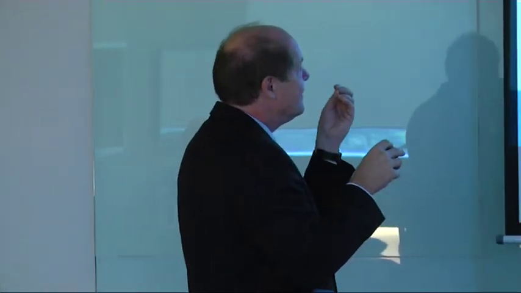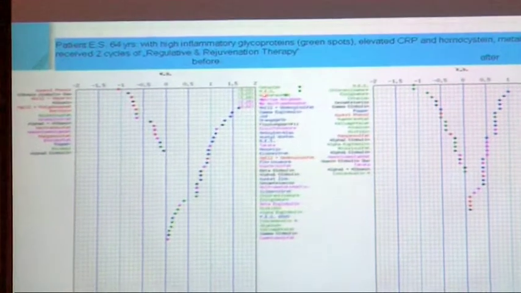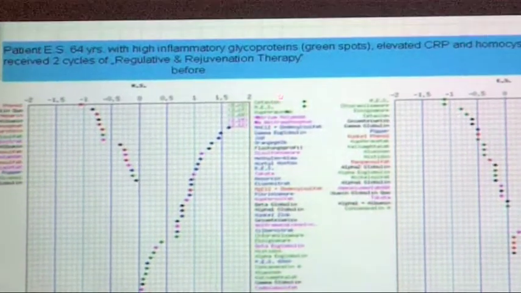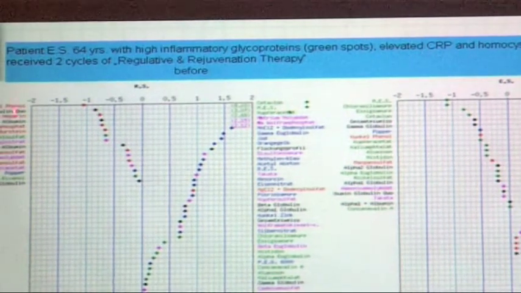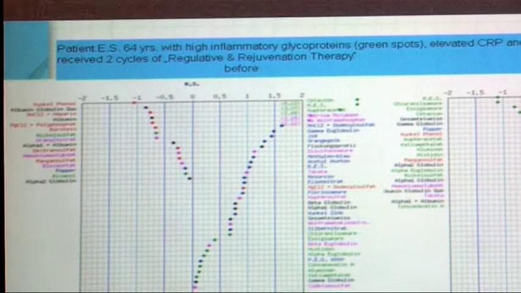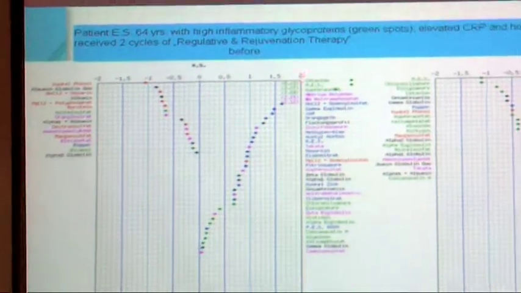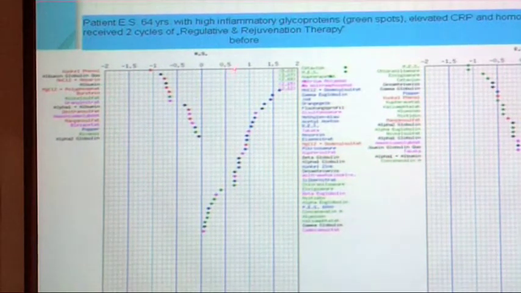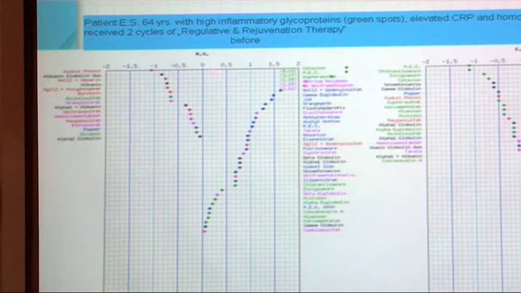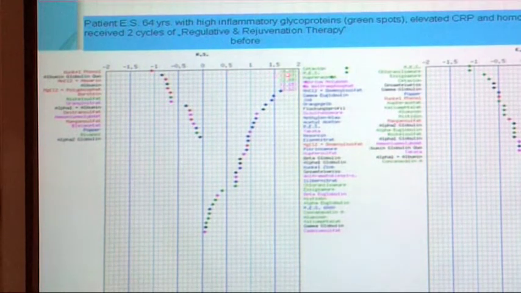looks for glycoproteins and glycolipids, and the green dots are illustrating certain glycoproteins, and the red dots are illustrating lipids. And if you see a patient like this, okay, I have to explain. You see, this is a chart where you have a standard deviation.